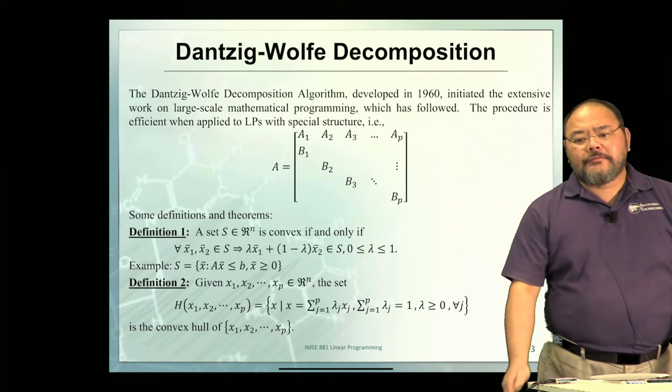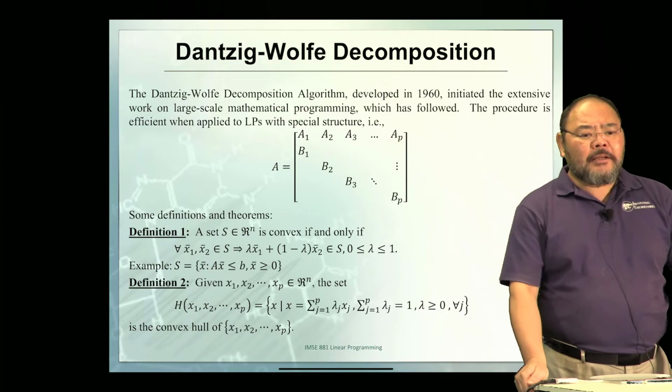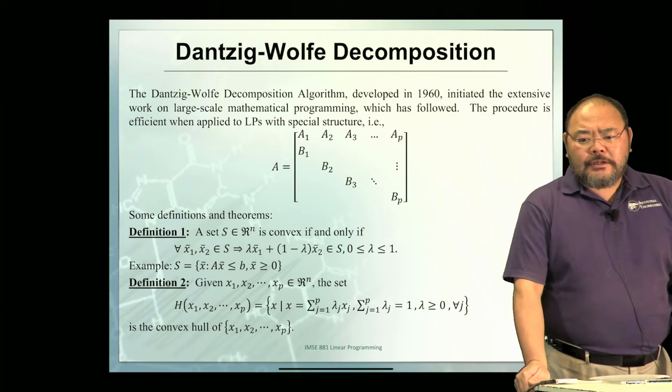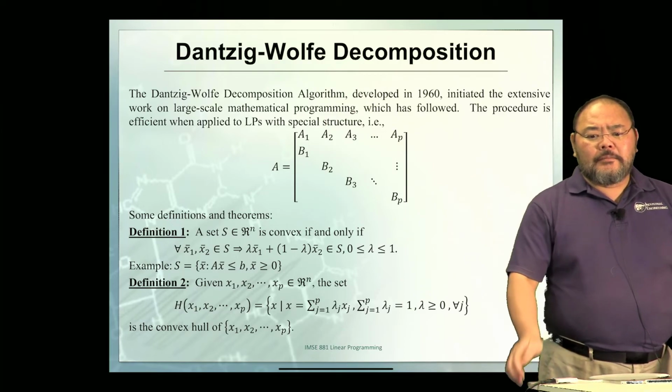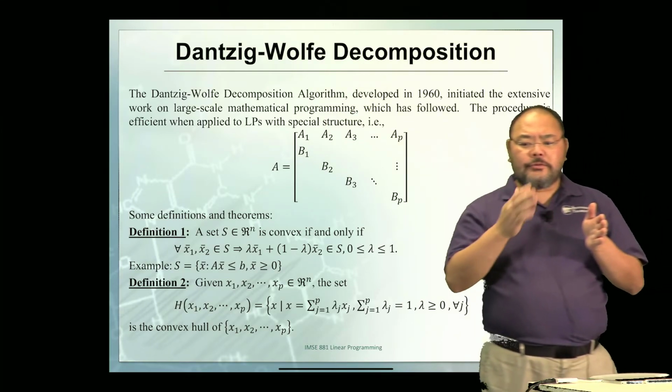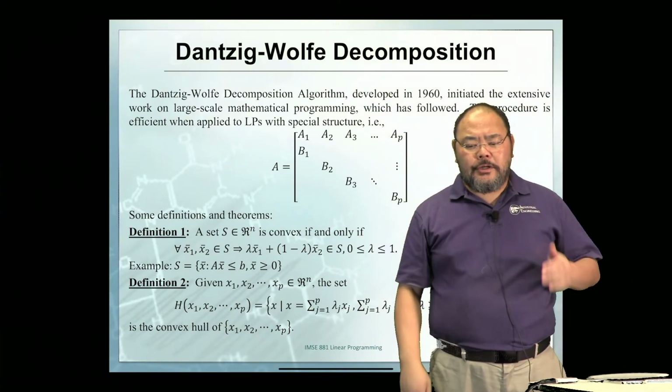The other type of algorithm is called Benders decomposition. Basically, it decomposes the rows of your constraint matrix. Here, we also decompose the set of constraints you have, but we use a column generation scheme to generate new columns at each iteration.